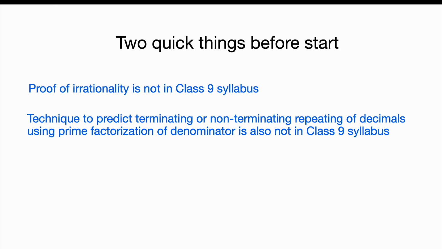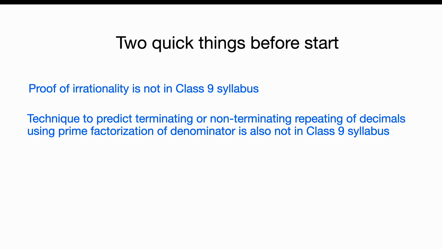And if it contains a prime number other than 2 or 5 in its prime factorization, then it will be non-terminating repeating. Again, this is also not in the class 9 syllabus, but it is good to know how we can predict a rational number becoming a terminating or non-terminating decimal based on its denominator's behavior. So keep this in mind.